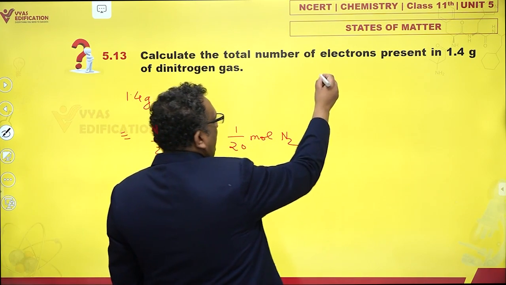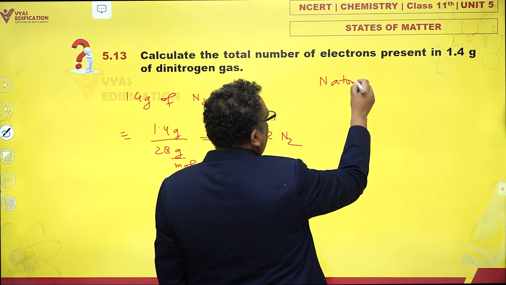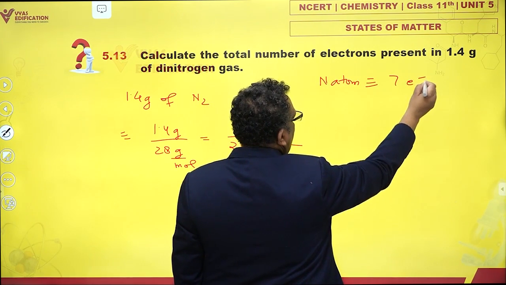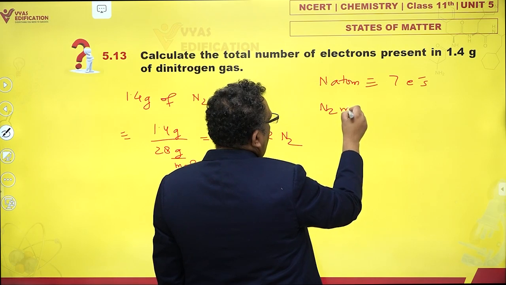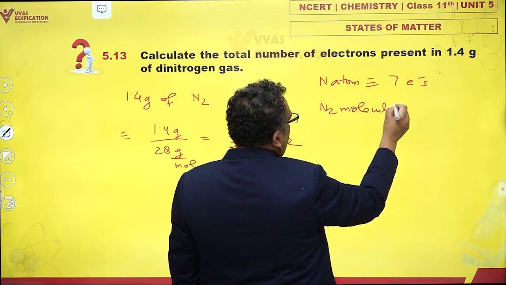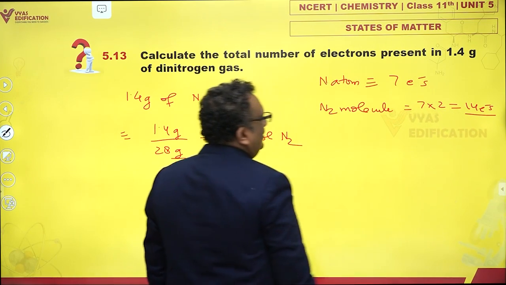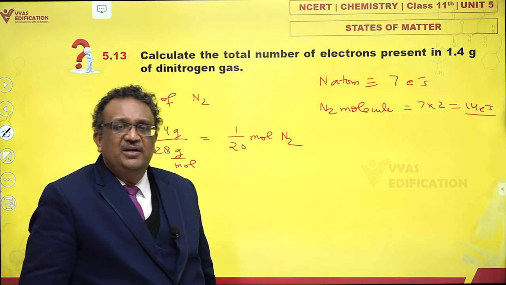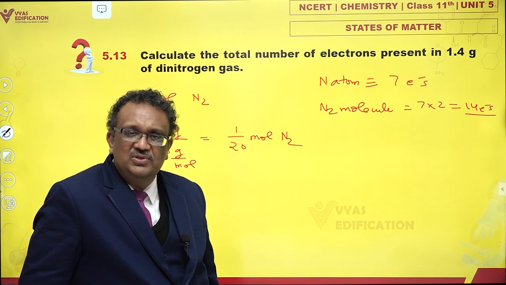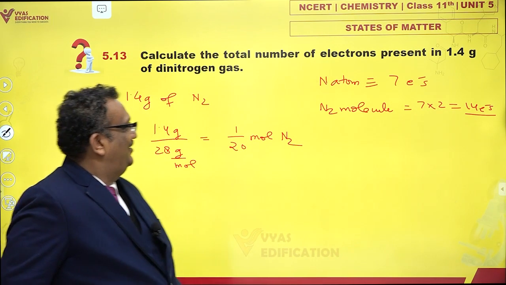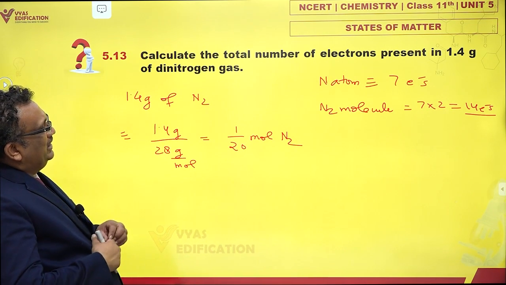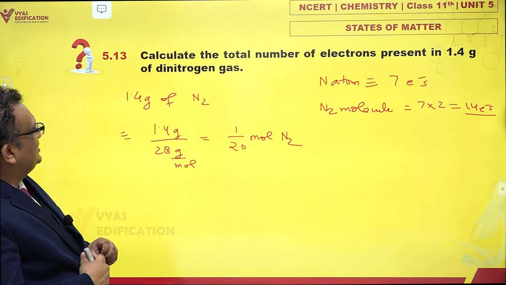Now, one nitrogen atom contains 7 electrons. So the N2 molecule contains 7 into 2, which is 14 electrons. Yes, that's fine.